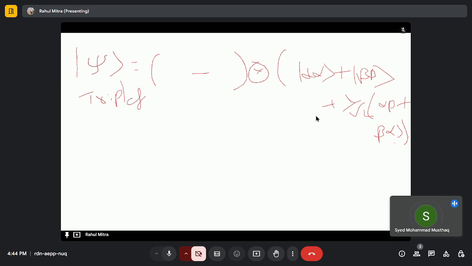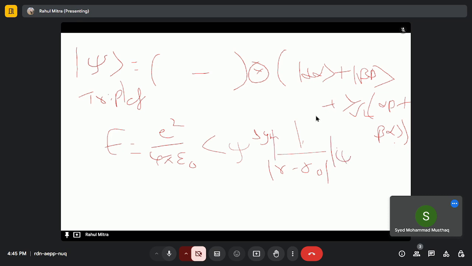Now, putting this into the Schrodinger equation and solving for the energy operator, this will be equal to e squared by 4 pi epsilon naught, symmetrical 1 by r minus r naught, symmetrical.